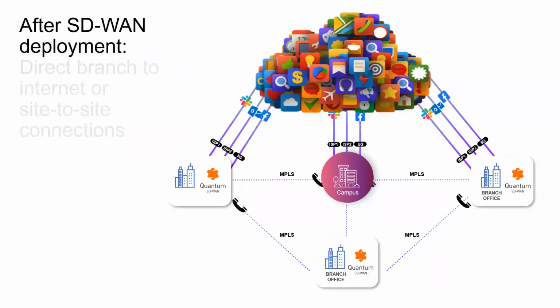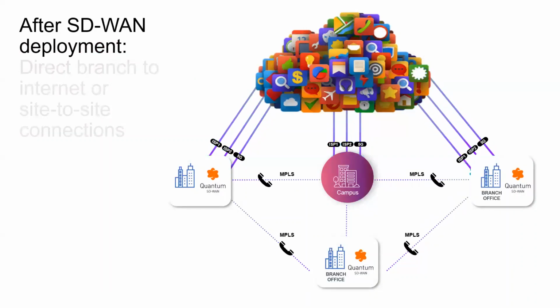But with SD-WAN, we're able to choose what kind of things go where. So here in this picture, we've now added three separate links directly to the cloud from the branch offices. And you see the little Facebook icons and Office 365 icons and Slack all going over those links. So they're not getting routed through the main HQ or data center.